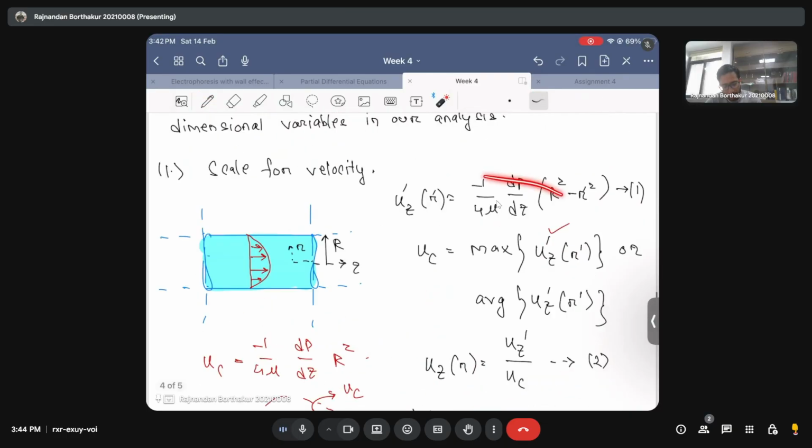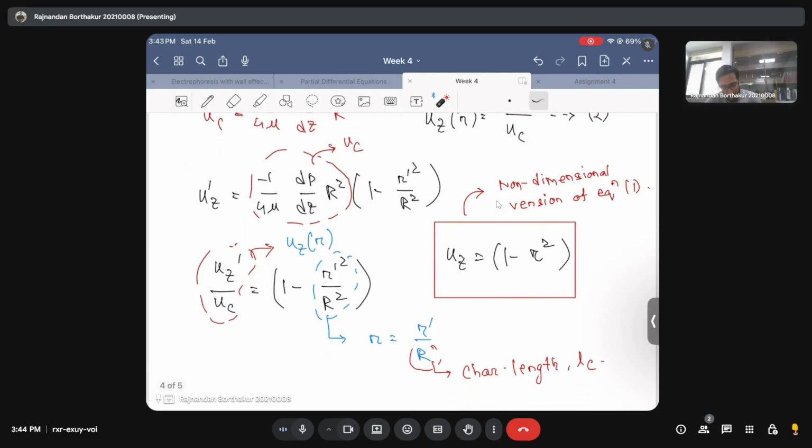See, as I told you, now you will see the obvious advantage of using this equation instead of using this equation. The number one is that if you change the pressure gradient, the magnitude of this quantity will change. On the other hand, if you change mu, the magnitude of this quantity will change. But all of this doesn't bother us when we use this non-dimensional form in our equation, because we don't actually need to think about how this equation changes if I change dp dz.